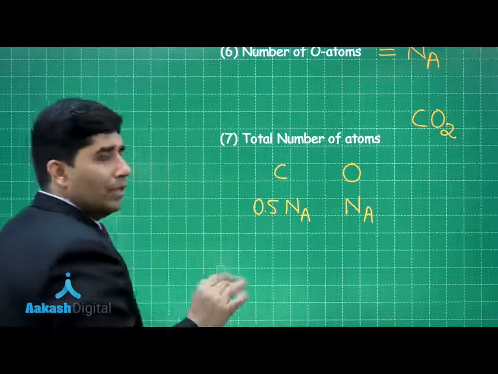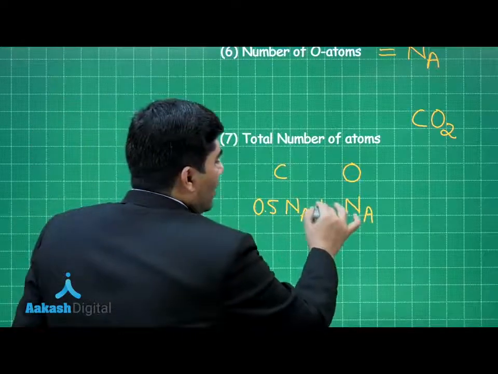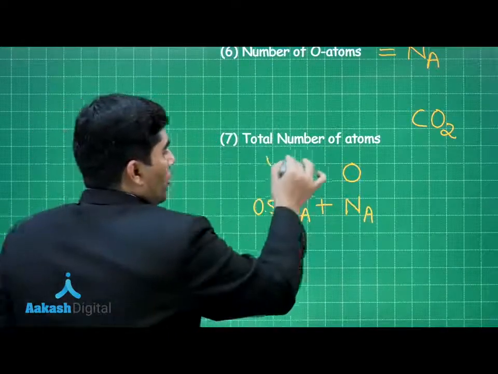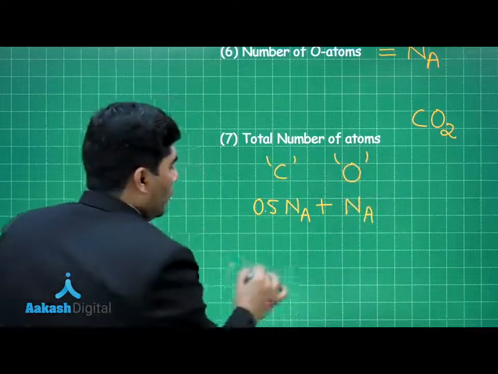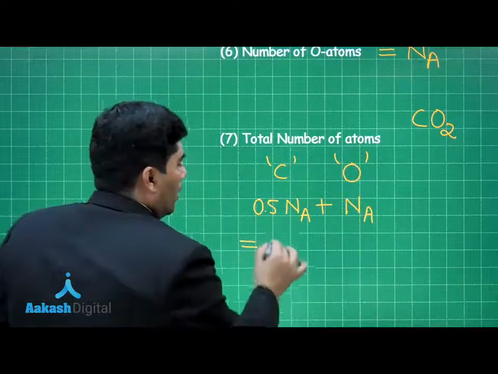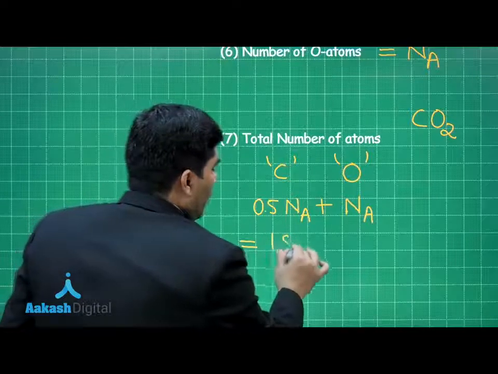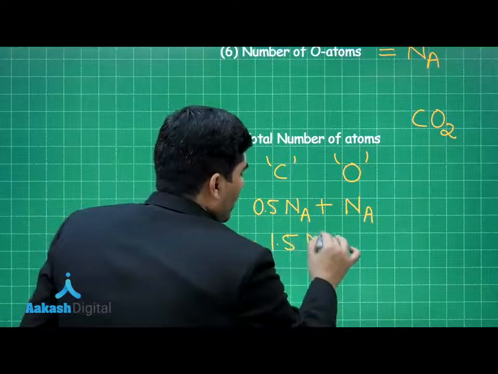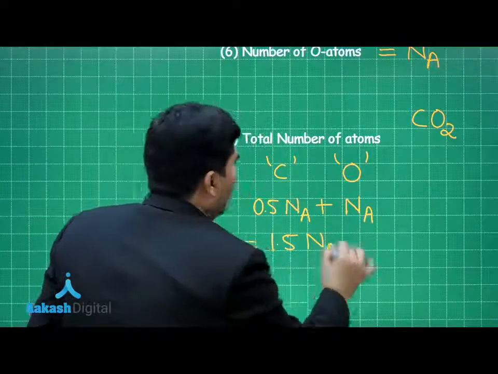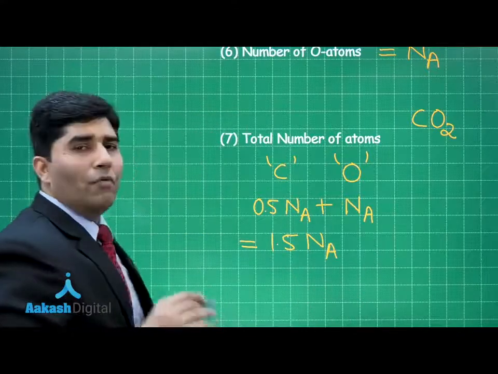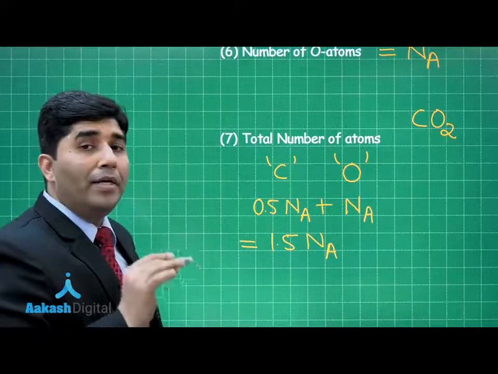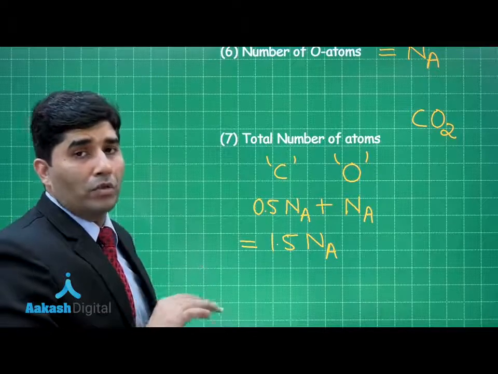So you do one thing, you add these two, carbon and oxygen, you will get the total number, and the total number is 1.5 into Na. This is the total number of atoms present in 22 grams of carbon dioxide.